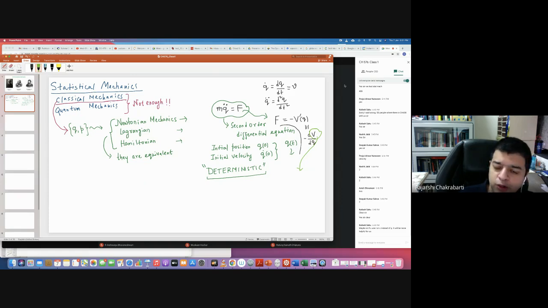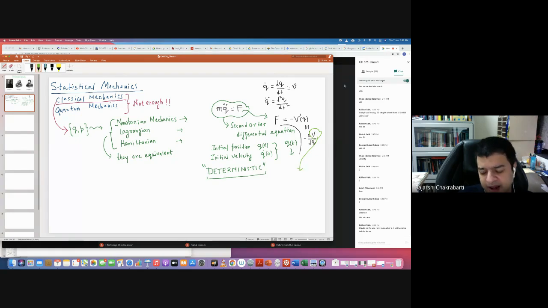So although formally you can write down Newton's equation of motion, you cannot solve it analytically. You do not really get the trajectory of the particle as a function of time if these particles are interacting with each other. So this is the problem with Newtonian mechanics, or sorry, classical mechanics.